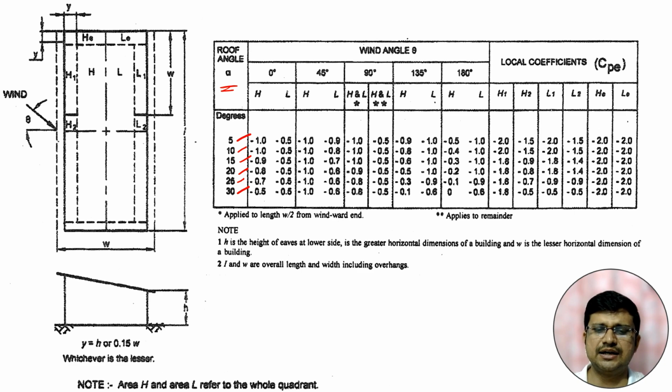One thing we have to remember is that for monoslope roof the value of CPE is independent of the H by W or L by W ratio. It is only dependent on the roof angle.